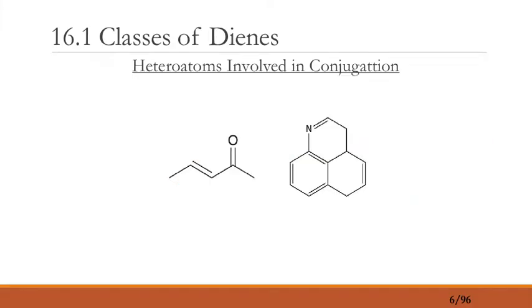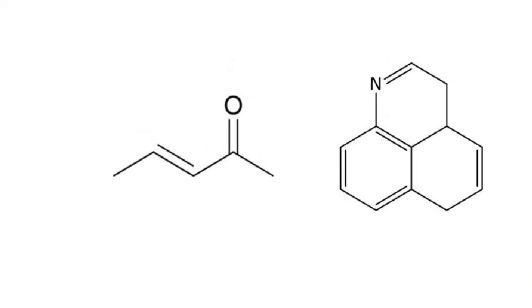All right, so here are heteroatoms being involved in conjugation. Remember that conjugated double bonds have a sigma bond in between 2 double bonds. So obviously, not that I should need to, but the blue highlighted ones are the double bonds, and I'll highlight the single or sigma bonds in red.